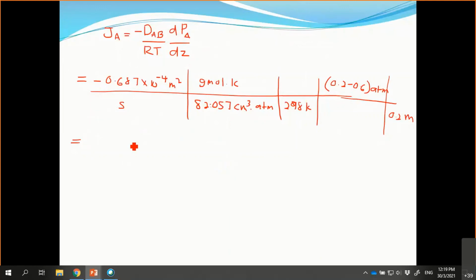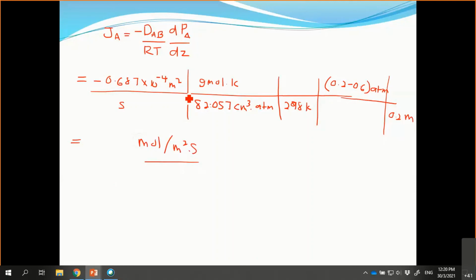So this is our molar flux. For molar flux, we will have a unit of mole per meter squared second, right? So after you have substituted all the values, you must get a unit of mole per meter squared second.